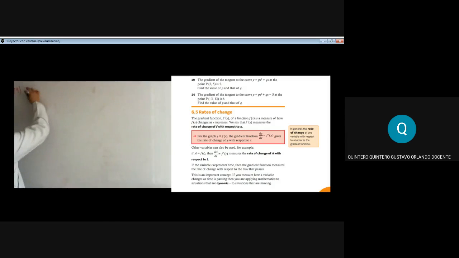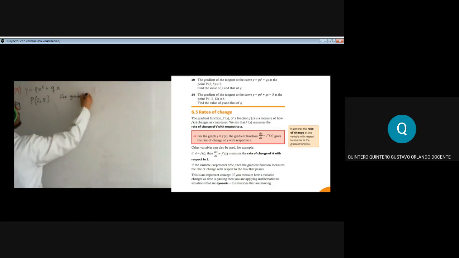y equals px squared plus qx at the point P, 2, 5. I wish they would choose a different value for this.